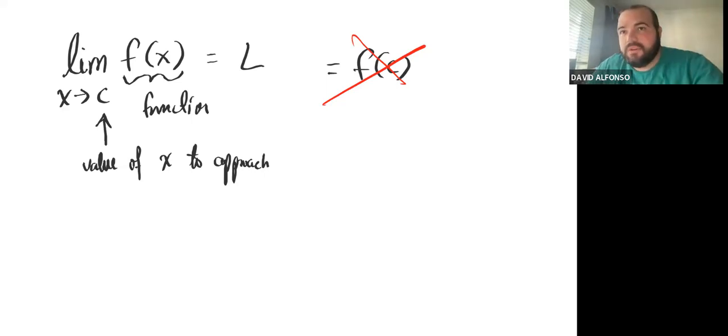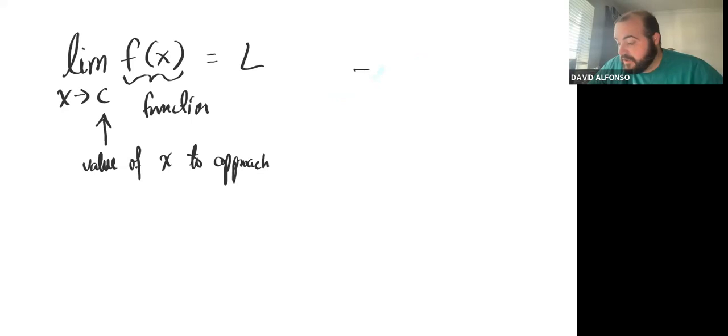And the only way to do that is either with a table or to look at it graphically. Those are the only two legit ways to figure that out. Now keep in mind that this here is called the common limit.